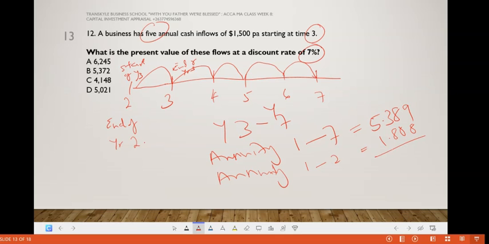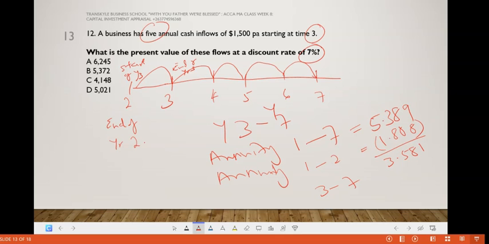So obviously for the third year to year 7, the annuity factor for 3 to 7 should be the difference, and this means that we are looking at 3.581.